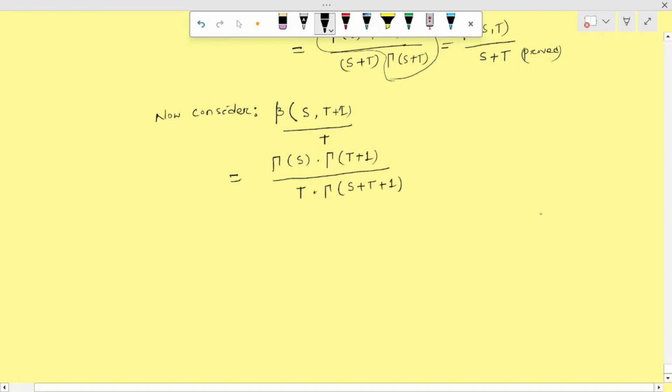Now we are going to use the first property of gamma function, gamma n plus 1 equals n gamma n.